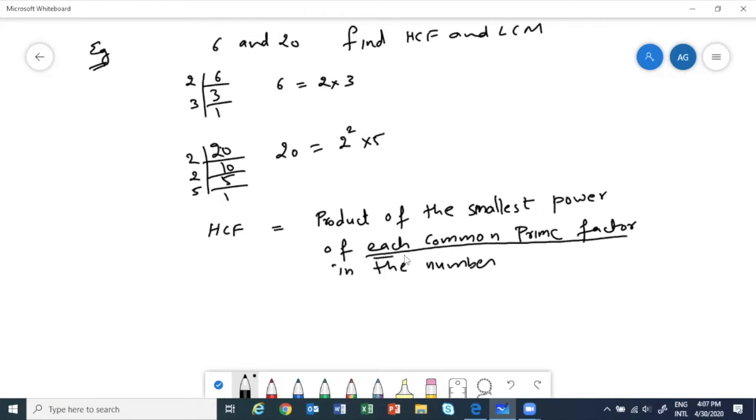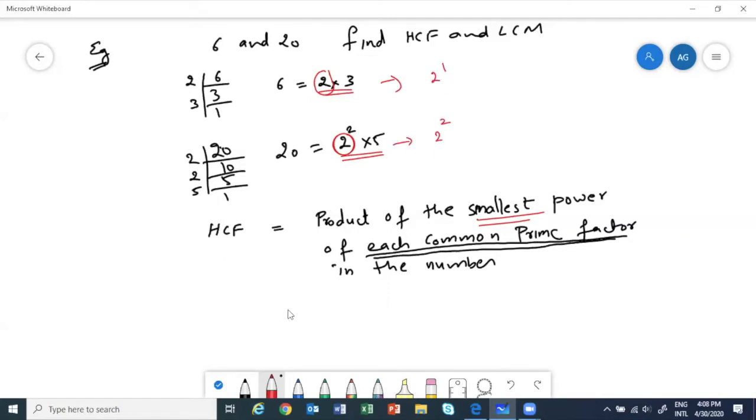So just see above. What is the common prime factor? This one has 2 and 3. This one has 2 square and 5. So the common prime factor is 2. Then we have to take the smallest power. This one has 2 power 1, this one has 2 square.